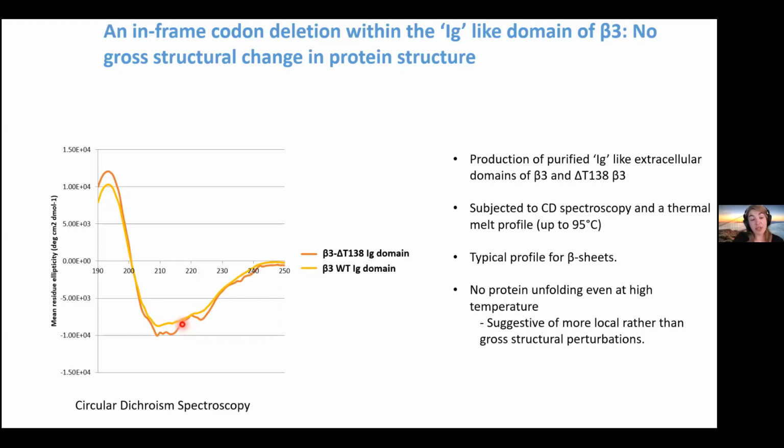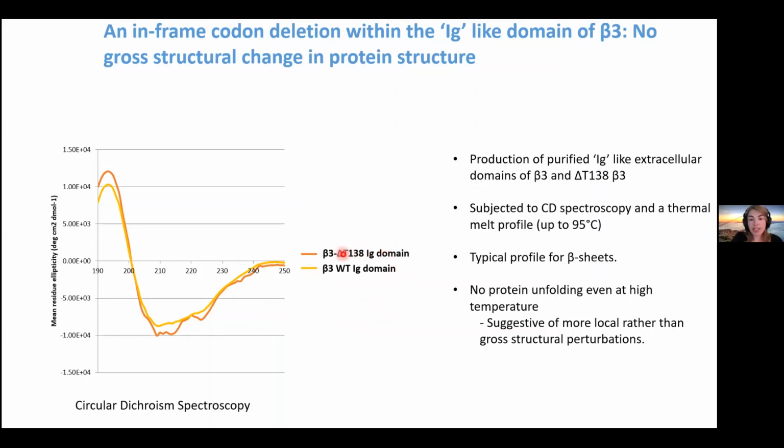With increasing temperature, we found that there was actually no change to the structure. There was no denaturation, no unfolding. It was incredibly stable, irrespective of the presence or absence of that T138. So this suggests to us that the loss of that threonine residue is probably causing more local disturbances to protein-protein interactions rather than any gross unfolding or destabilization of the protein.